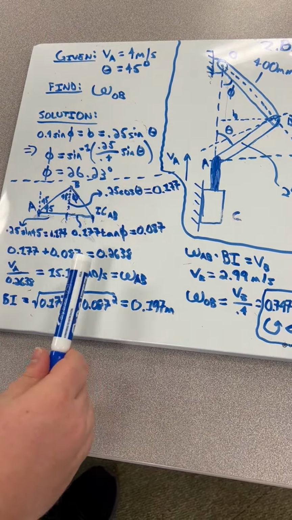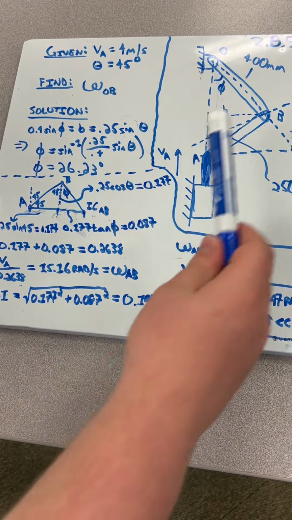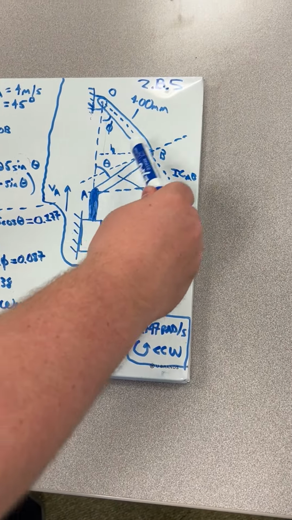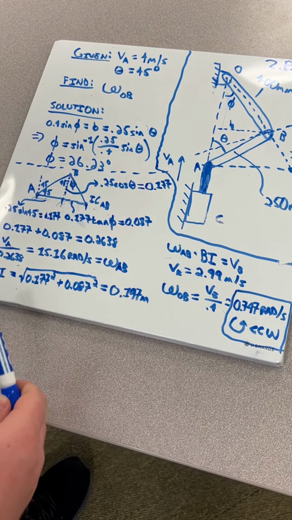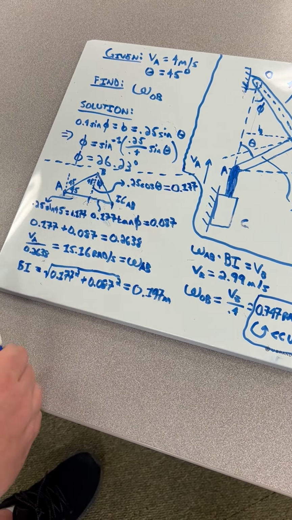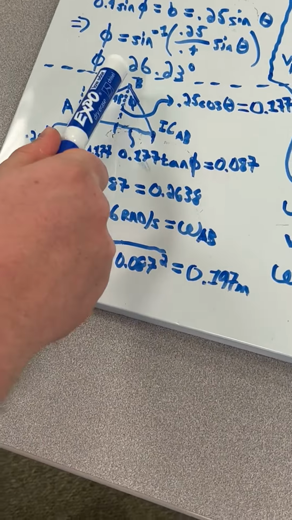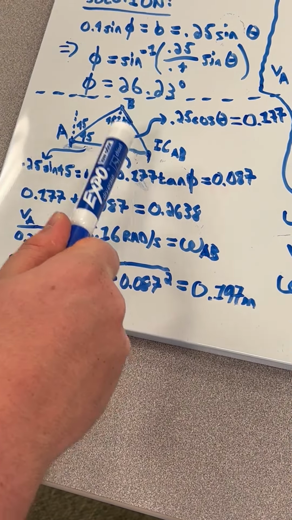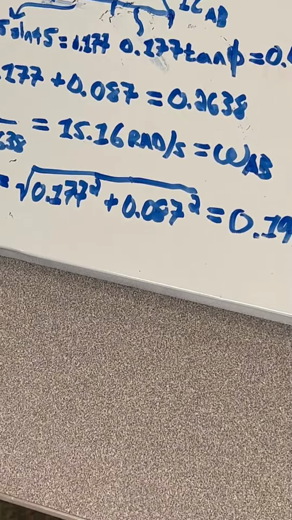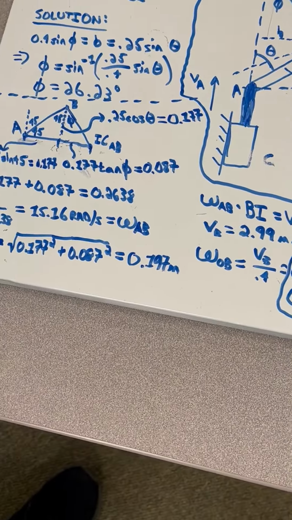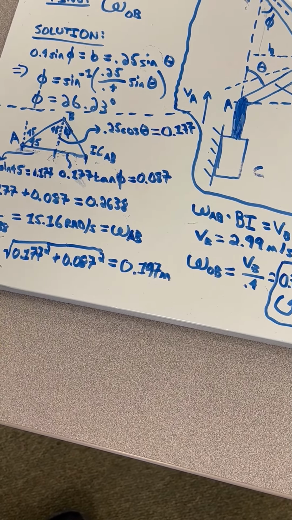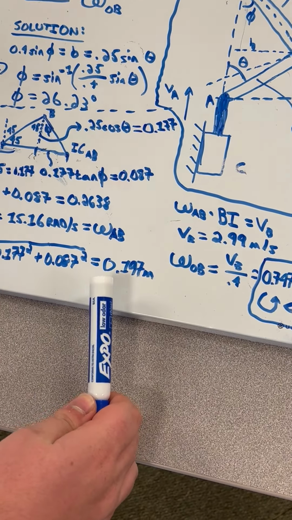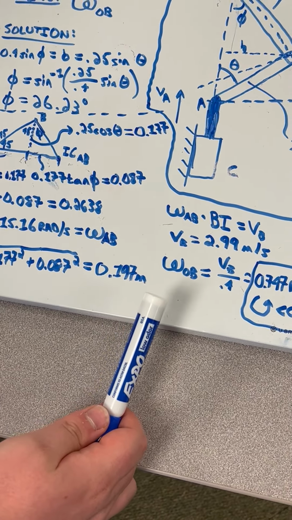We can use this to find the speed of point B by multiplying it by this length. We find this length by using the Pythagorean theorem. We have found this length and this length. We find the square root of the sum of the squares of those two lengths, and we find that the distance between point B and the instant center of AB is equal to this length here.